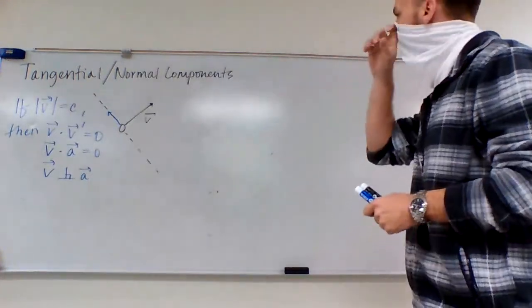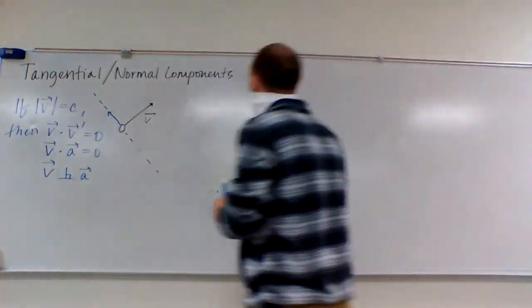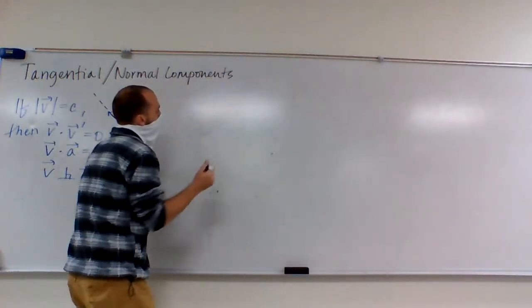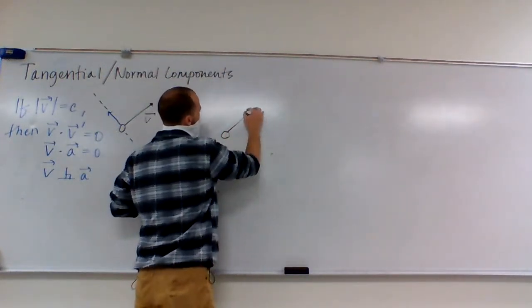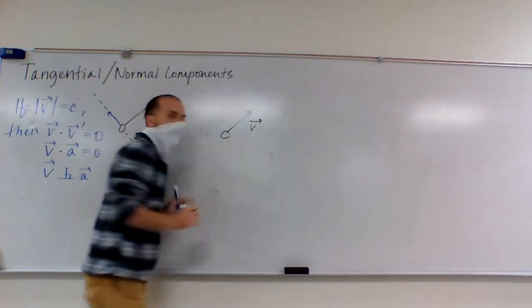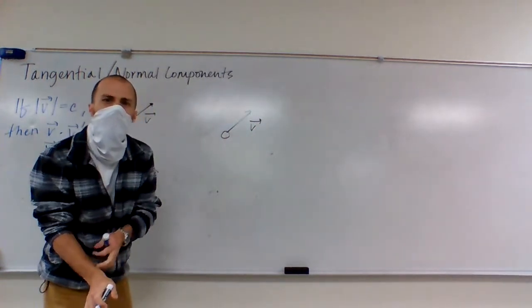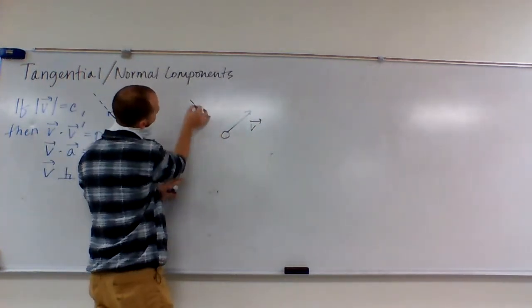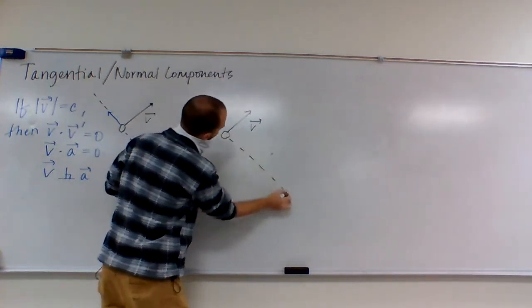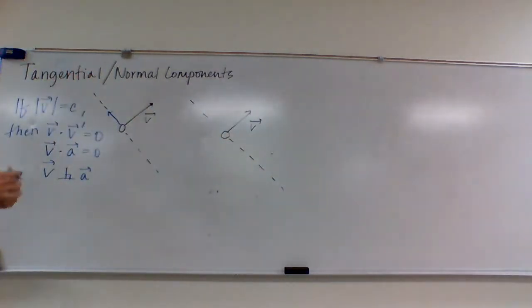Okay, so I think I'm going to just reproduce this drawing a little bit out here, so I can draw you a couple of cases. So, again, same object, same velocity vector, and I see that's right in the glare spot, but envision that being orthogonal.